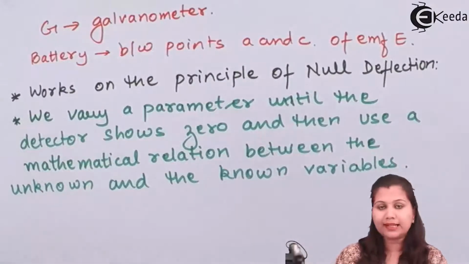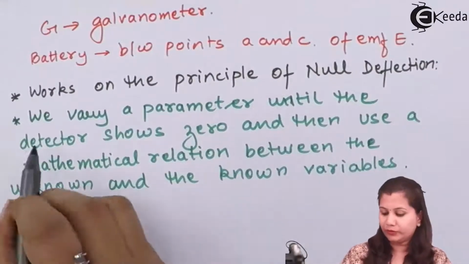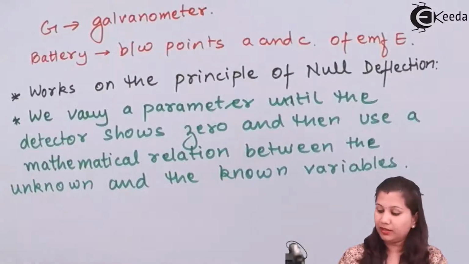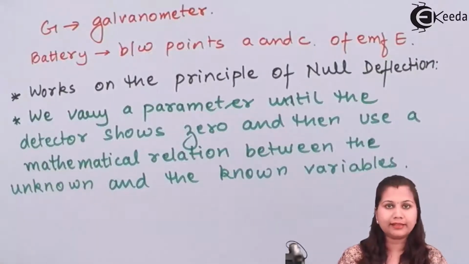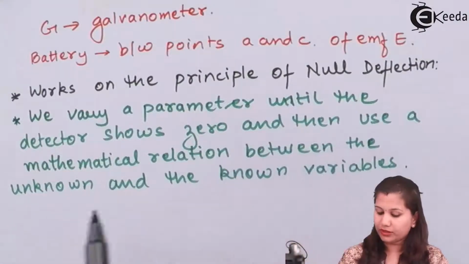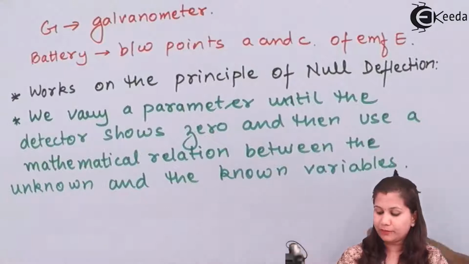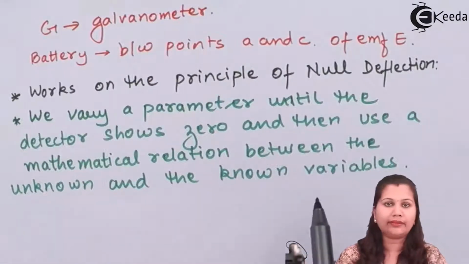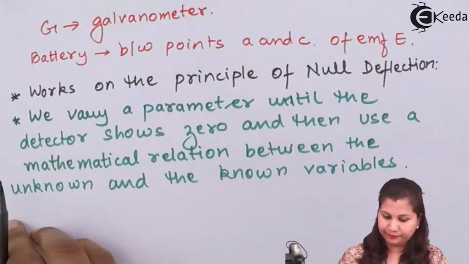So what this null deflection principle says is that we are going to vary a parameter until the detector, that is the galvanometer, shows 0 null deflection, and then use a mathematical relationship between the unknown and the known variables.